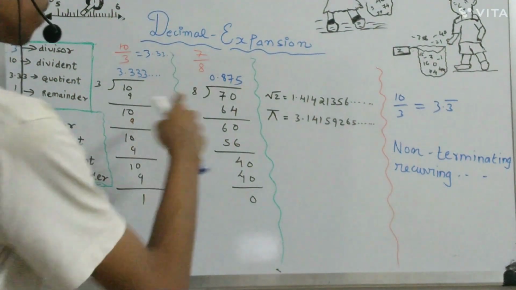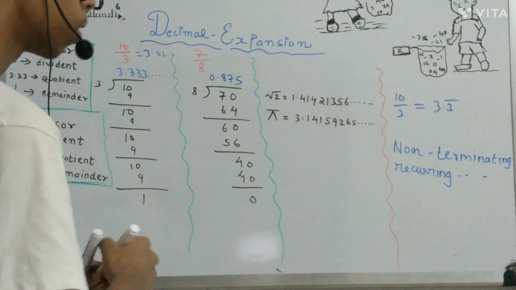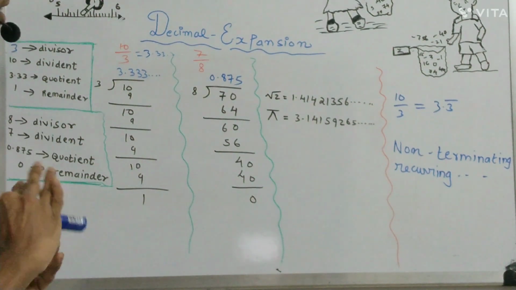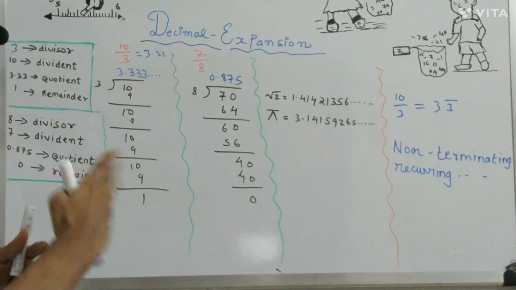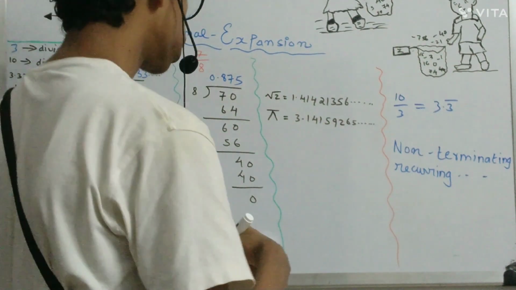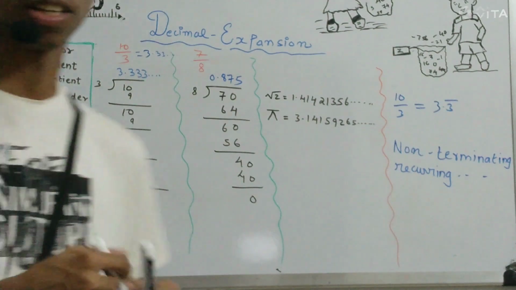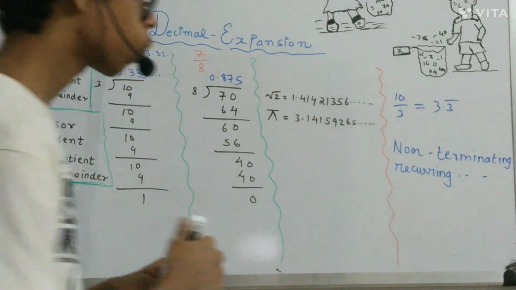In such cases we call them terminating decimal expansion. The word terminating means stopping.